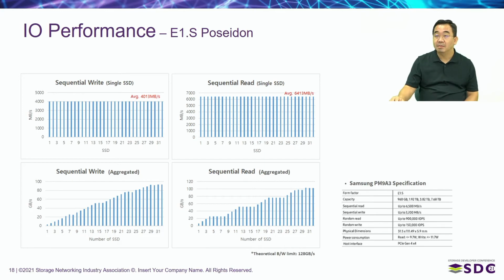The bottom graph shows the aggregated read and write bandwidth of the system. As you can see, local aggregated write bandwidth is about 96 GB per sec, and read bandwidth was more than 100 GB per sec. And the stair-shaped graph shows that our system operates as we designed.